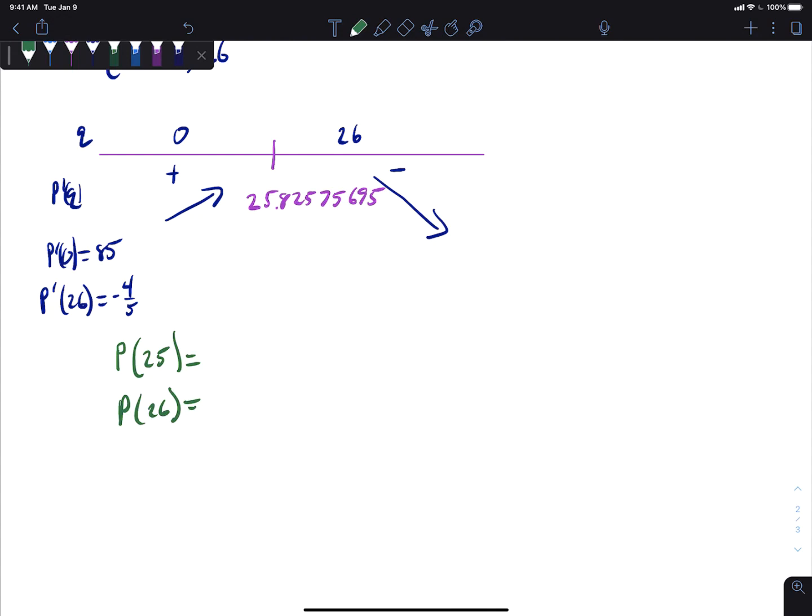So if you just take those values and type them into the calculator, at 25, you're going to get the following.